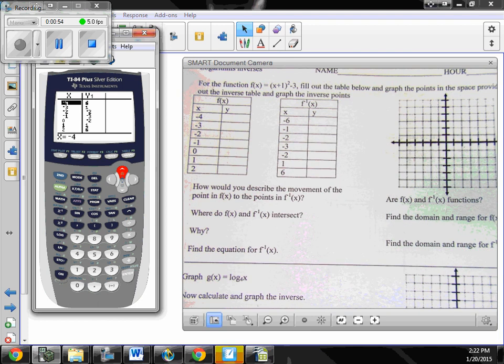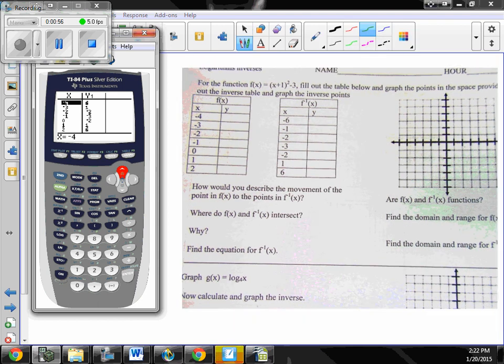So -4, 6; -3, 1; -2, -2; -1, -3; 0, -2; 1, 1; and 2, 6.